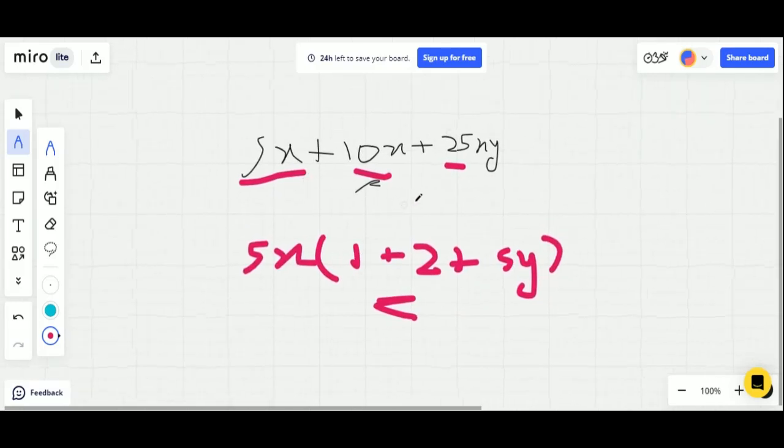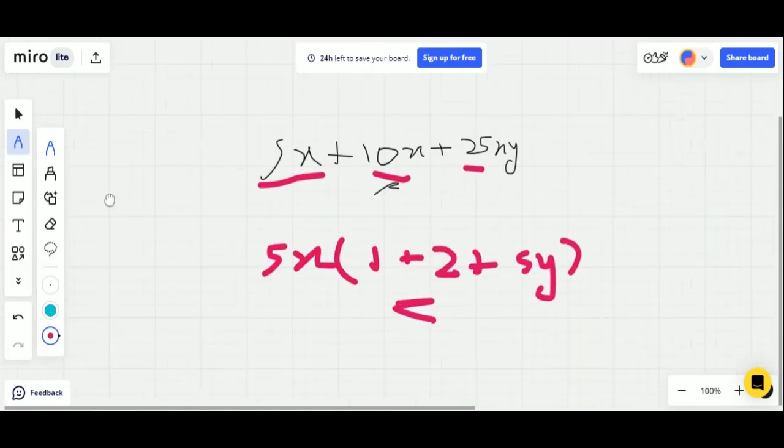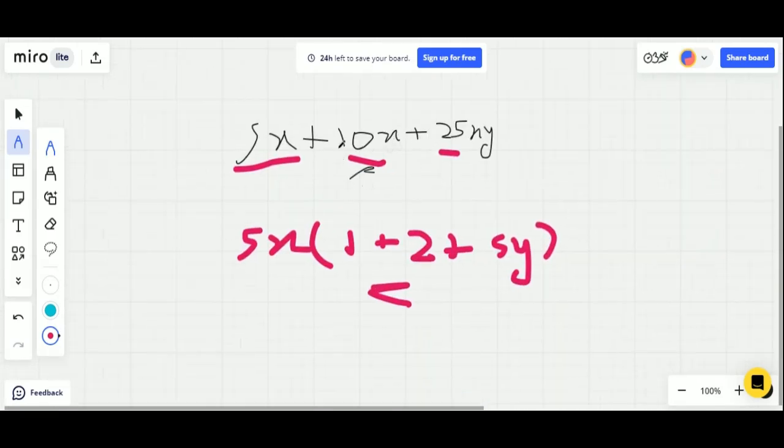So find the factors of 5x plus 10x plus 25xy. 5 is a factor in all these. The numerical factor is 5: 5 goes in 5, 5 goes in 10, 5 goes in 25. So 5 is a factor. And now the algebraic factor is x, because y is not in the first term or the second term, only in the third term.